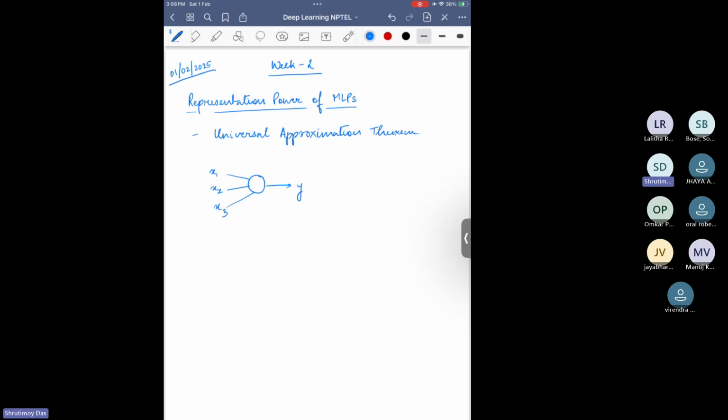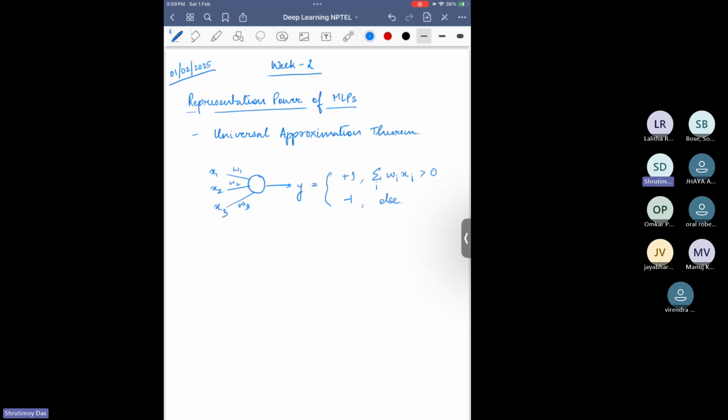Then y is plus 1 if your summation of wi xi, with weights w1, w2, w3, is greater than 0, otherwise it is minus 1.